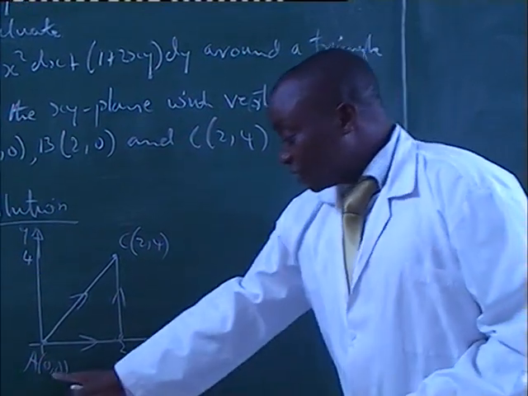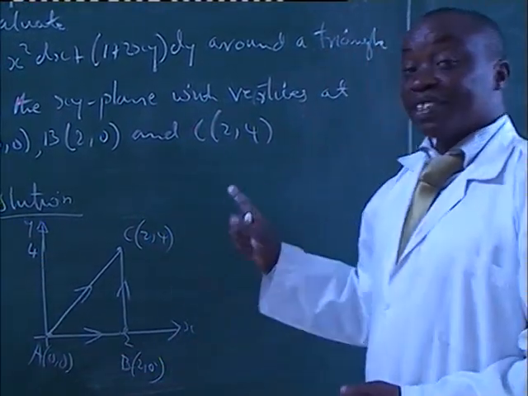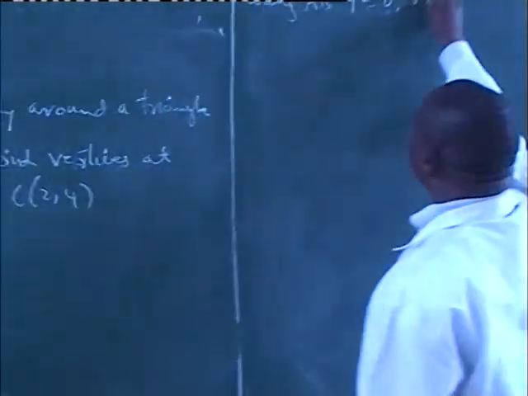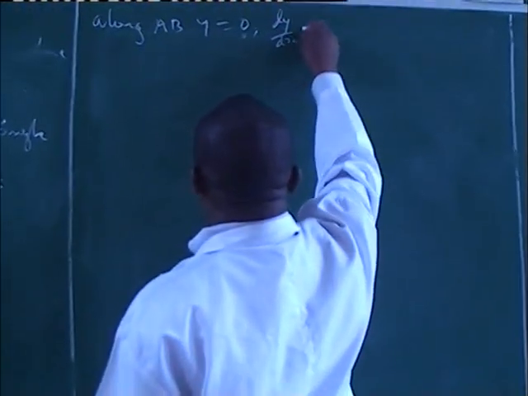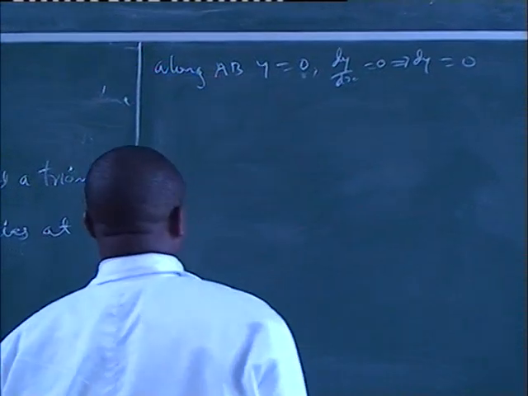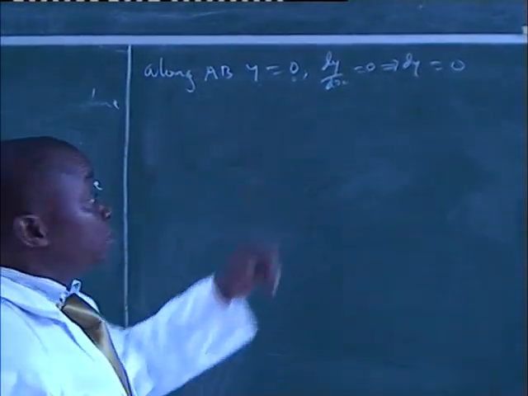So if you do that here, you have the equation of this line, that y is equal to 0. Now if y is equal to 0, it means that dy over dx is equal to 0, which also implies that y equals 0. That is along AB.